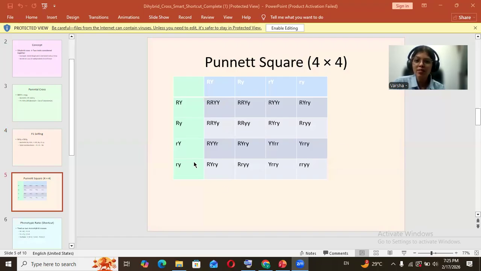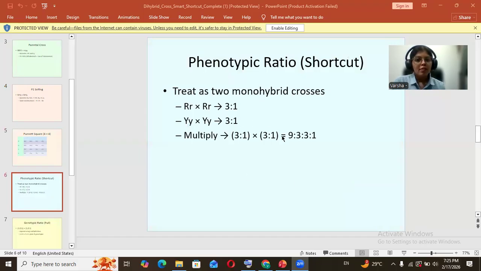This is the Punnett Square. You take one parent's gametes on the left hand side and the other parent's gametes on the top side, and you cross them and see what combinations you can make. Now for the phenotypic ratio, we will understand the shortcut method.